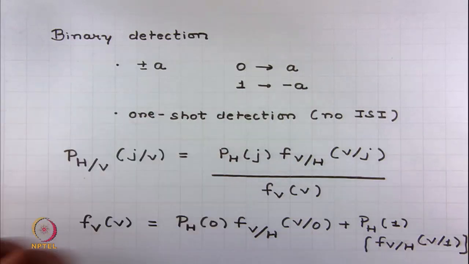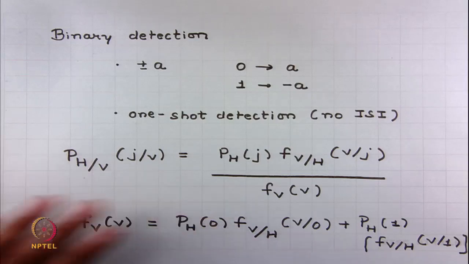And we assume one shot detection, that means we only transmit one symbol, and then we bring down our communication system. We do not worry about what happens when you have another symbol in there, and this one shot detection approach helps us in not worrying about intersymbol interference at all, because there is just one symbol. So, we are separating the issues of intersymbol interference from the issues of detection.